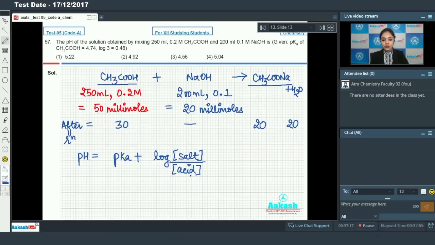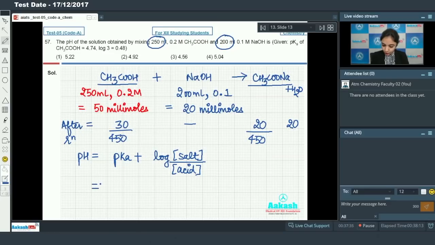The concentration of salt will be equal to millimoles divided by volume. So it will be equal to 20 divided by the total volume, which is 250 plus 200, so it is equal to 450. And similarly for CH3COOH it will be equal to 30 by 450.